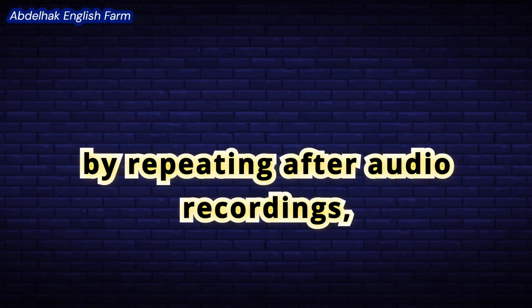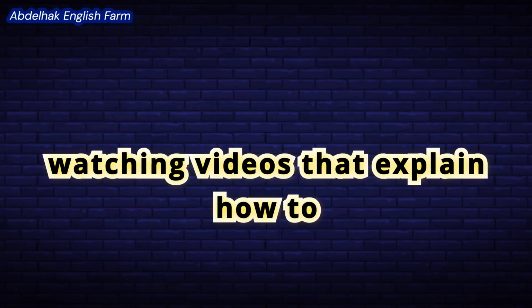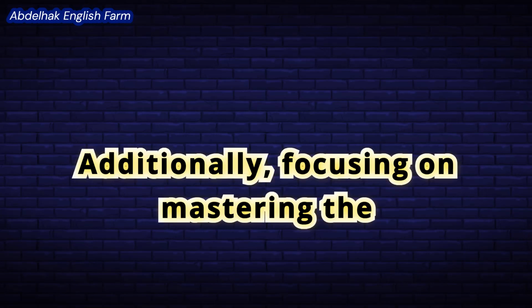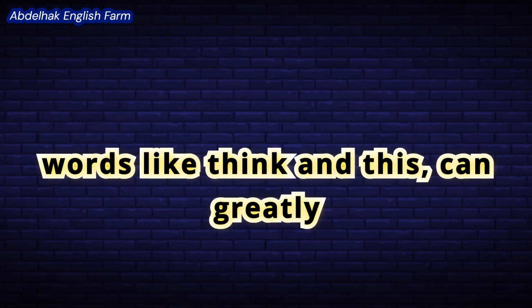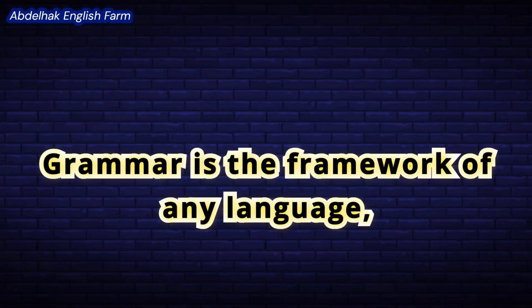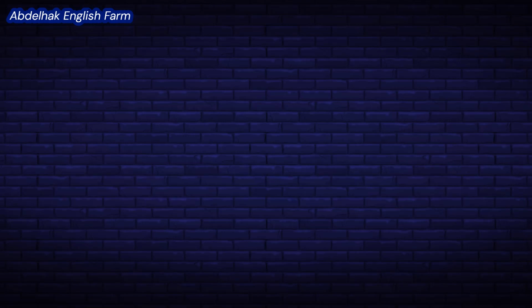Learners can practice by repeating after audio recordings, using speech recognition apps, or watching videos that explain how to articulate different sounds. Additionally, focusing on mastering the sounds unique to English, such as th in words like think and this, can greatly enhance intelligibility.